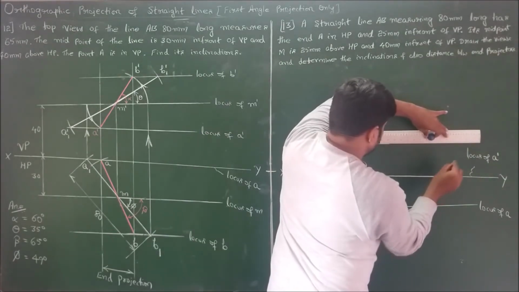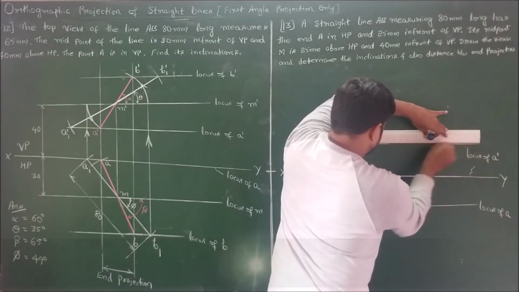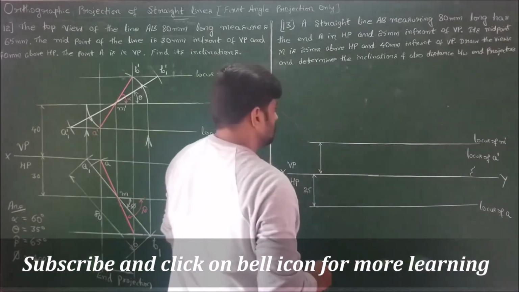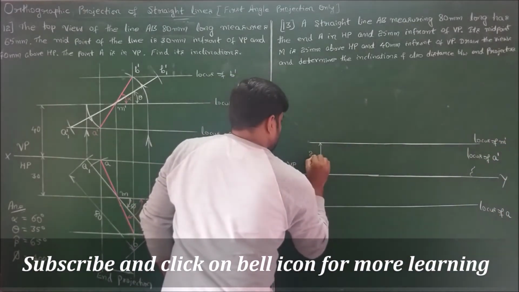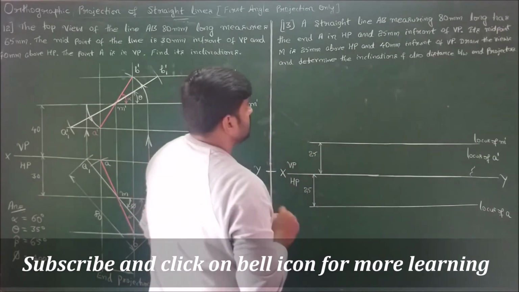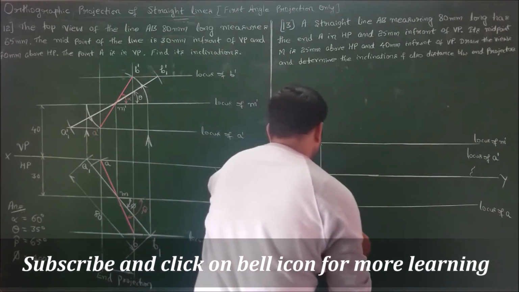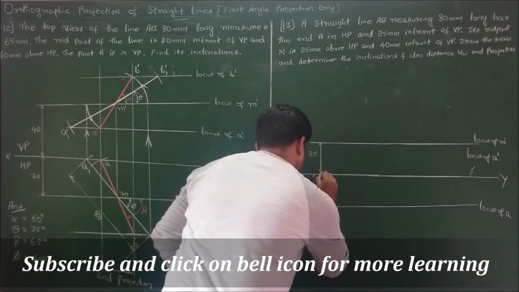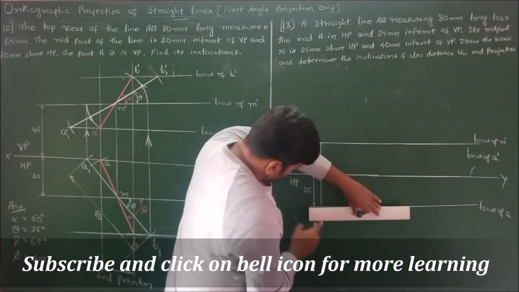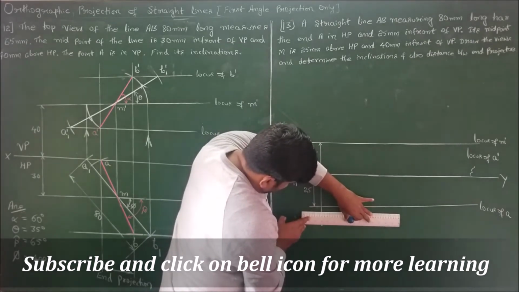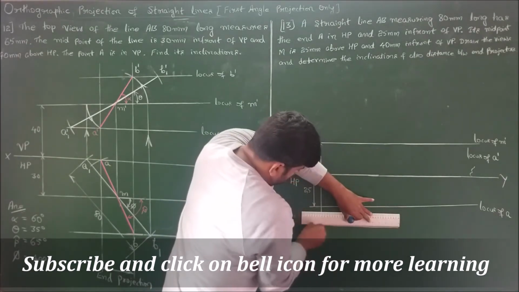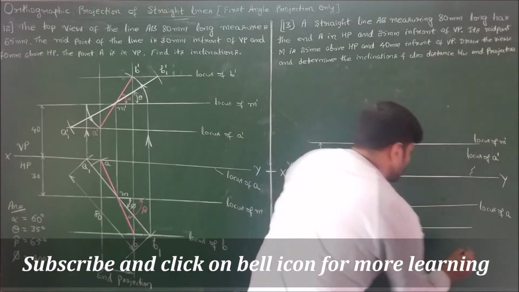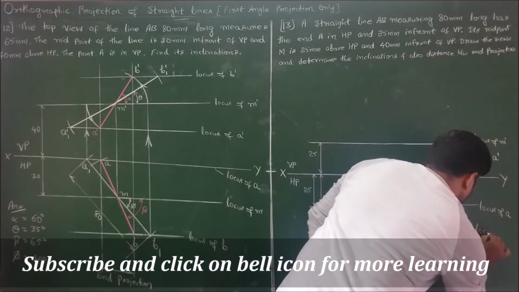So thereby I got the locus of M dash, which is 25 mm above HP and 40 mm in front of VP. So mark 40 mm in front of VP, which gives us the locus of M. So thereby I got the locus of M.